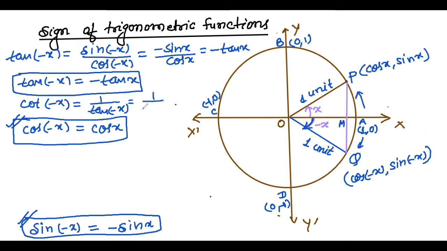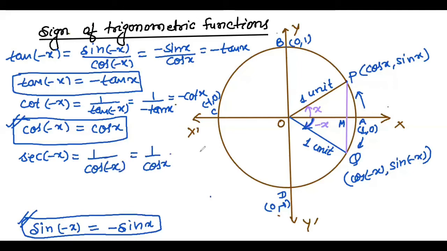So 1 by minus tan x, we can write as minus cot x. So cot of minus x equals minus cot x. Then for sec of minus x, this is 1 by cos of minus x, which is 1 by cos x, and finally we have sec x. So sec of minus x equals sec x.